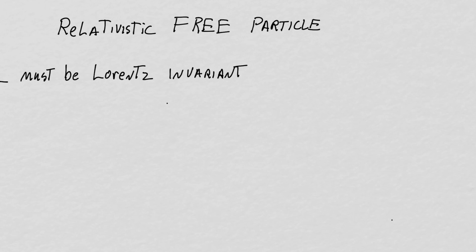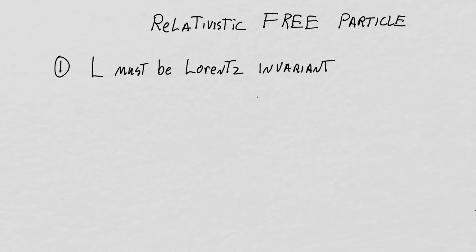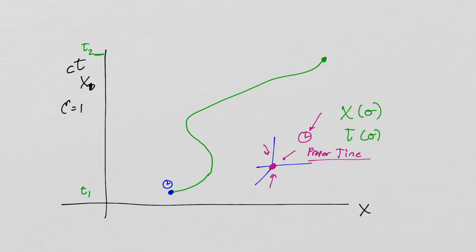So that brings us back to this question of the relativistic free particle. What are the philosophical assumptions that get us into this Lagrangian? The first is that the Lagrangian must be Lorentz invariant. And when you look at this motion that we just talked about, there's one obvious Lorentz invariant that just jumps out at us, and that's the length of the world line, right?